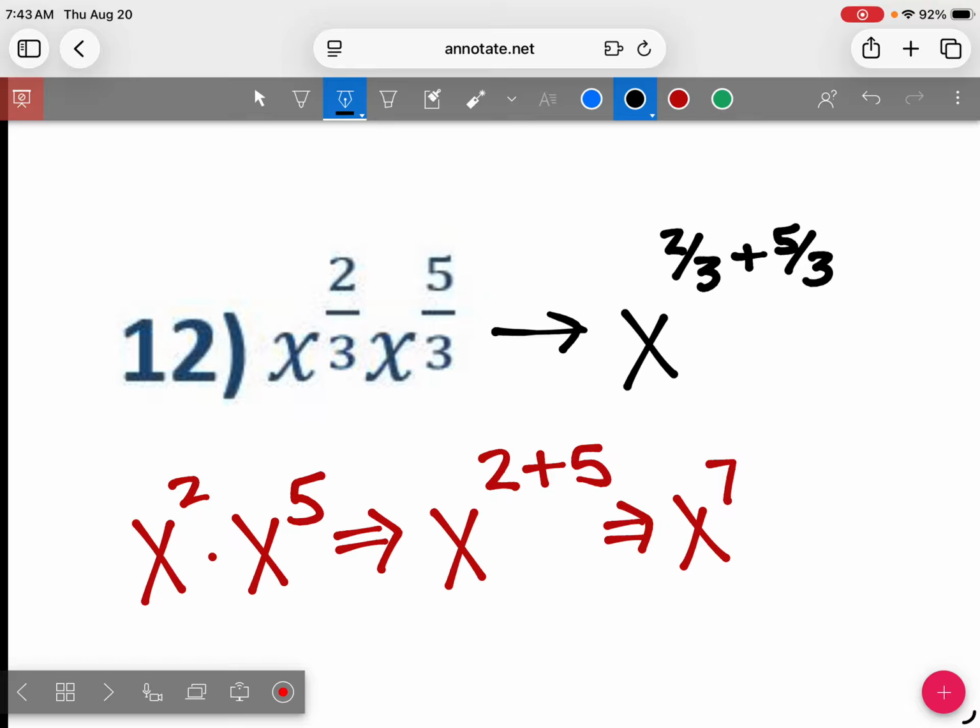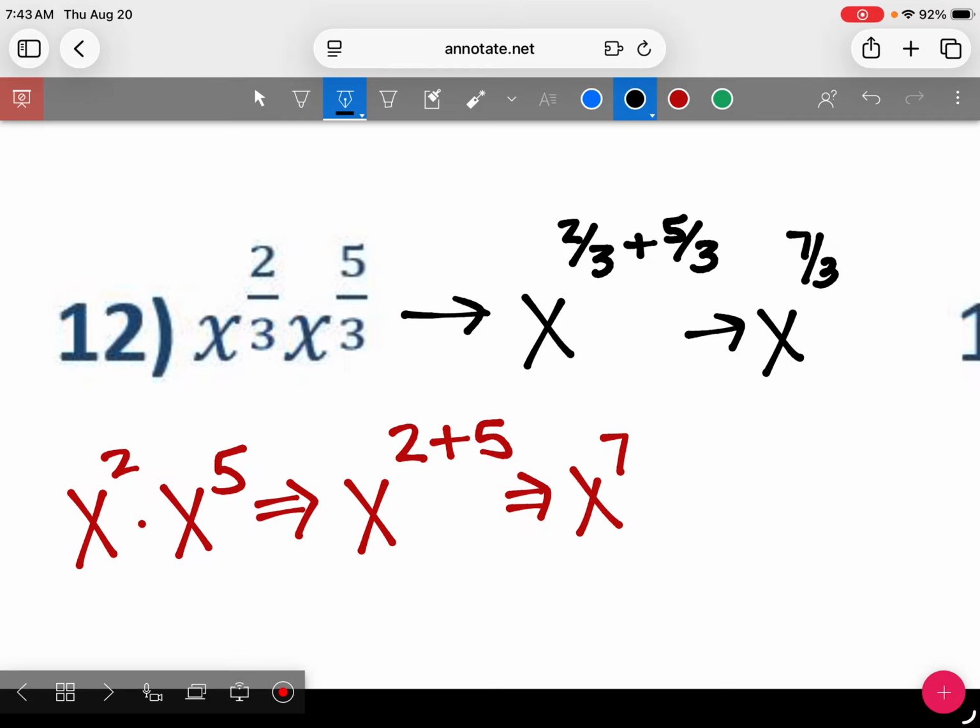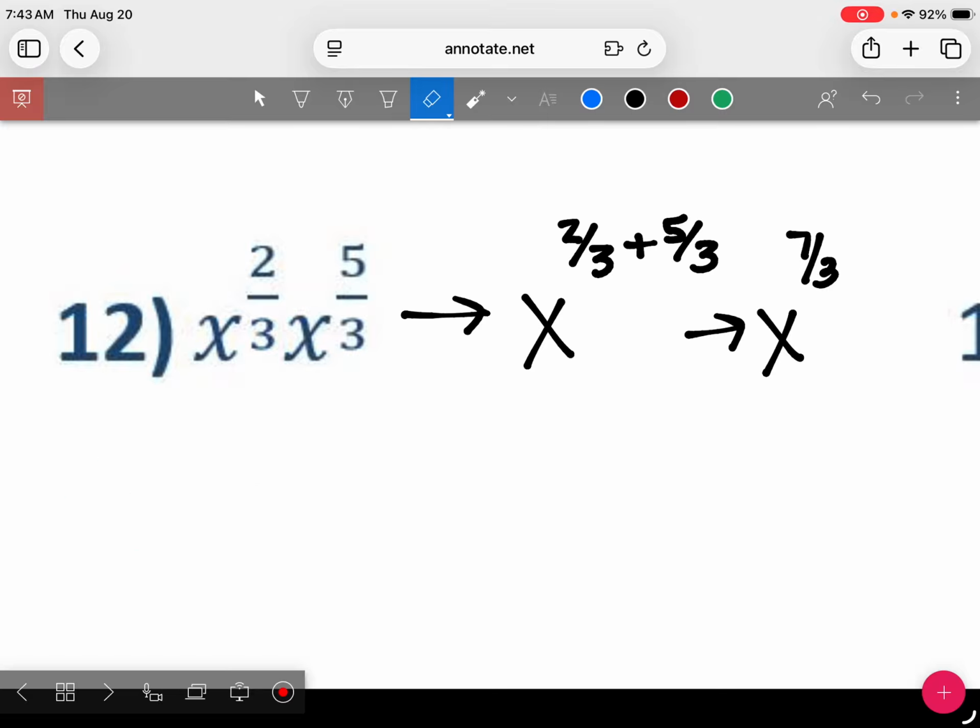So what would it be? 7/3. All right, so now going back to our power rule, let's write this in radical form. Remember, the denominator is in the elbow. So a 3 would go here, x to the 7th would go here. Now simplify that.